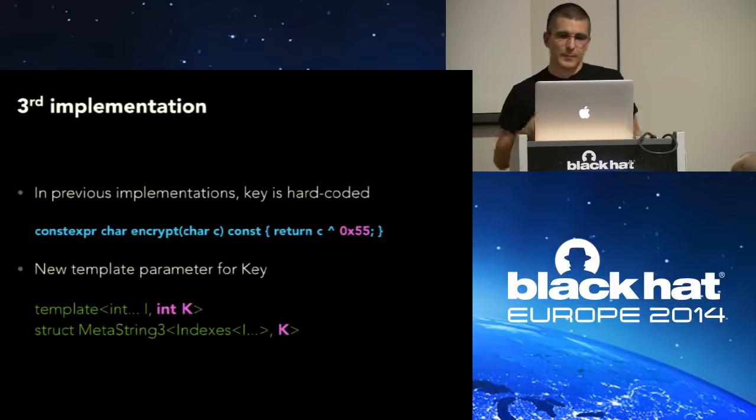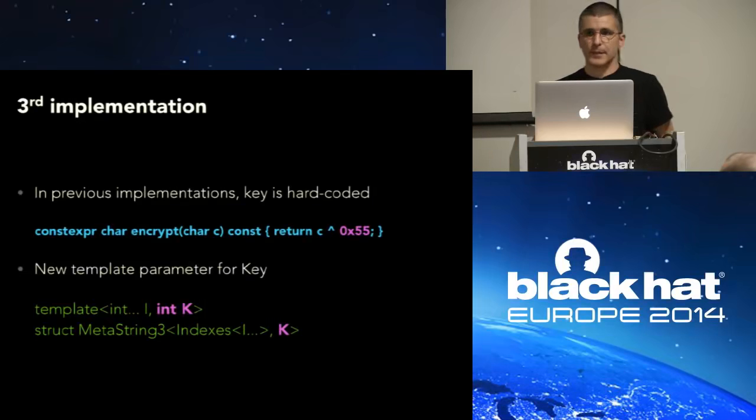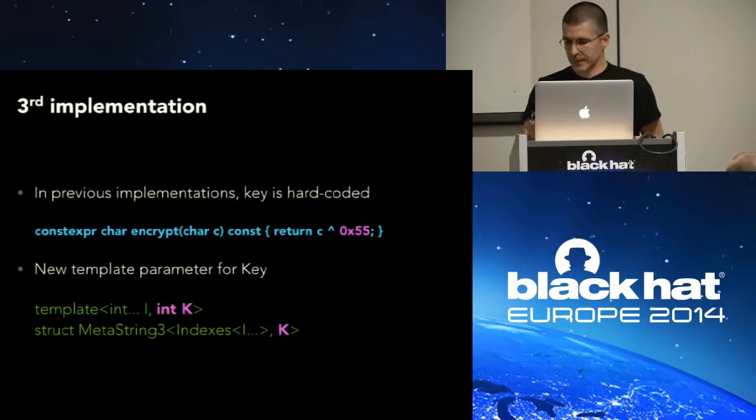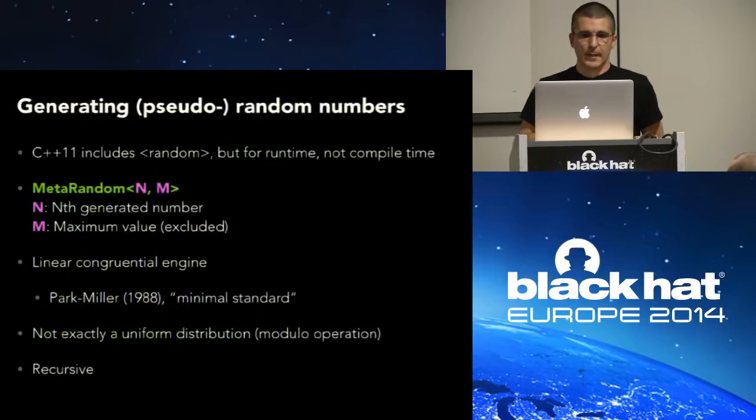I wanted to have a different key for each compilation and a different key for each string. So I introduced a new parameter called K. And this key has to be generated randomly, or almost randomly.